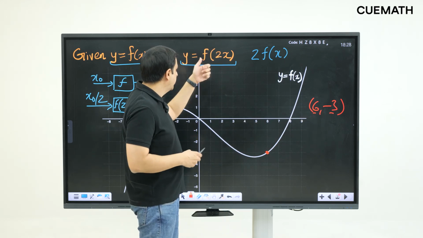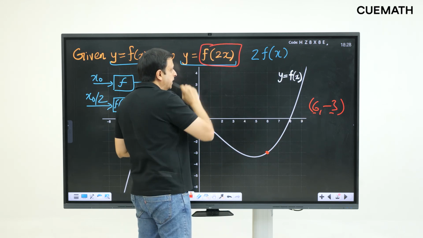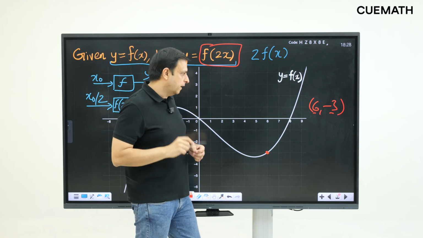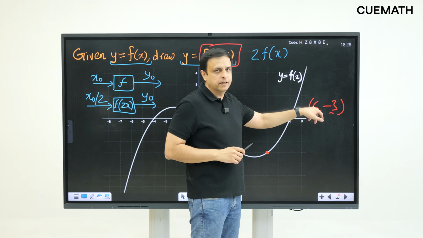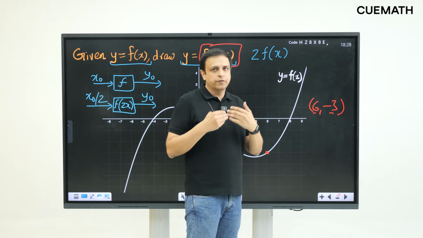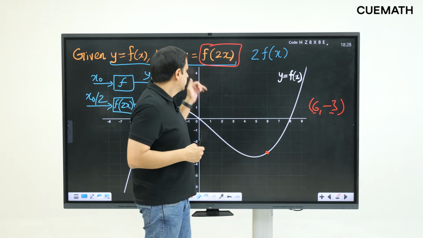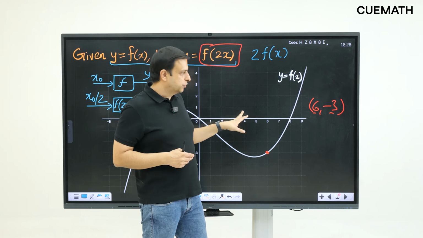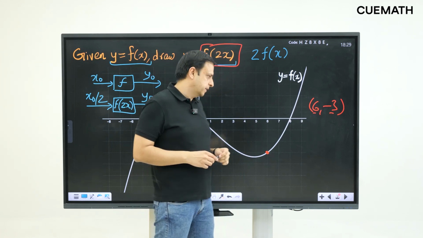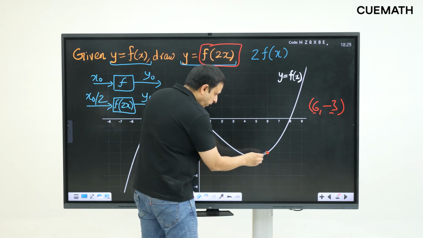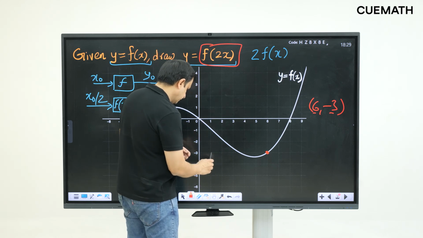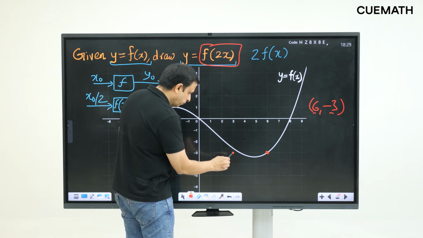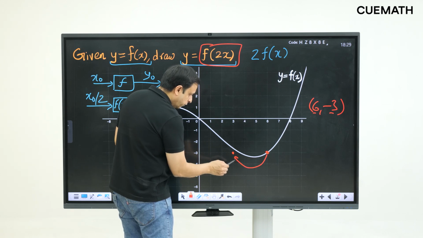You will have to input half of this original input. So the original input is 6. If you half that and take 3, then you feed 3 into this function, you should still get the output minus 3. And therefore, this point over here should transform to the new point 3 comma minus 3, which is this point over here. So this point should move over here.